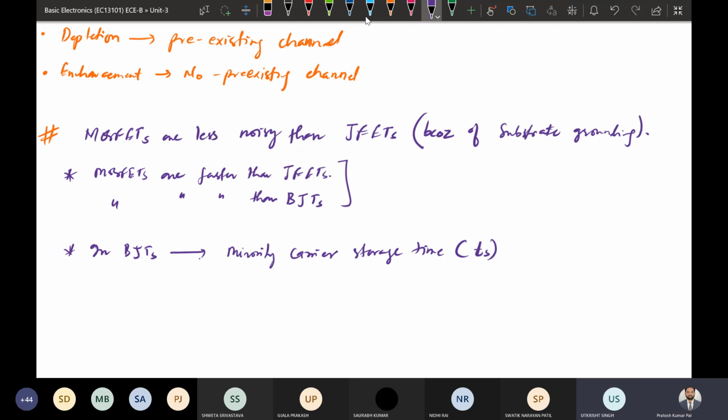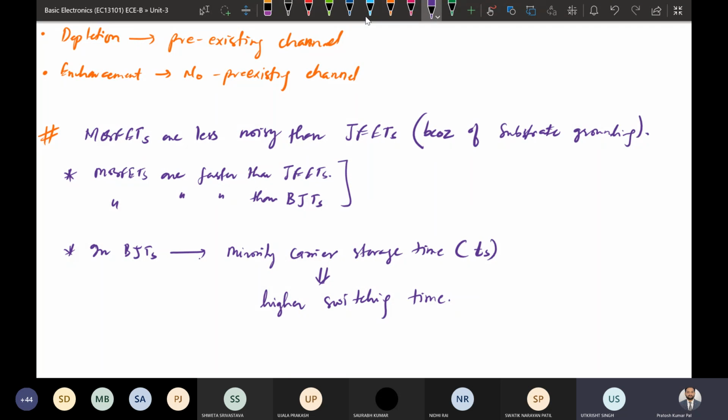So this basically results in higher switching time in case of BJT. Higher switching time means it will take a large time to switch between 0 or 1, between changing the states. This BJT requires larger switching time.